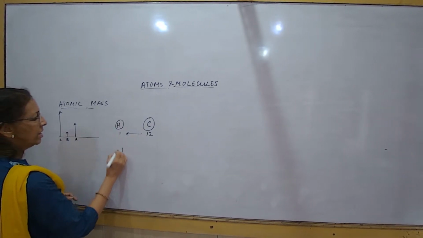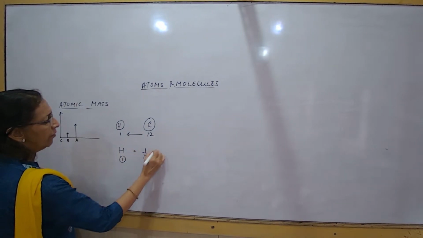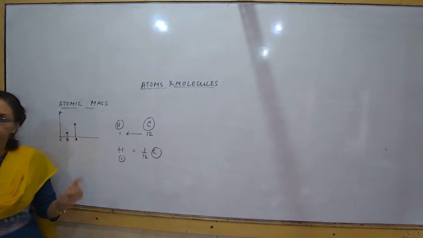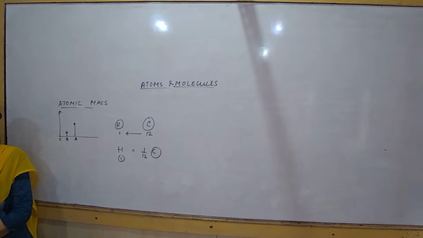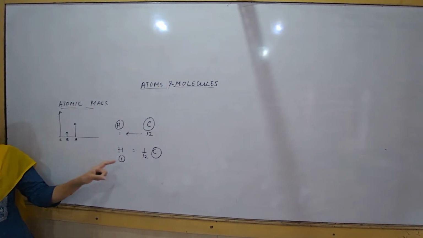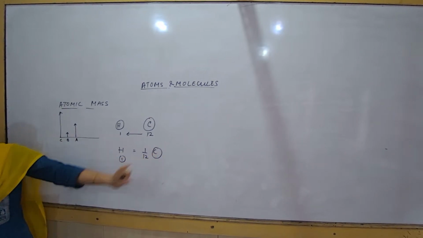One hydrogen is equal to 1/12 of the mass of carbon. Is that correct? Did you understand? So whenever we are comparing the mass of any element, we compare it to 1/12 of a carbon element.